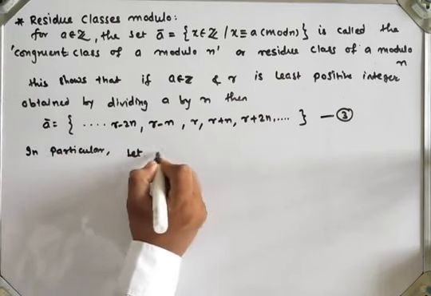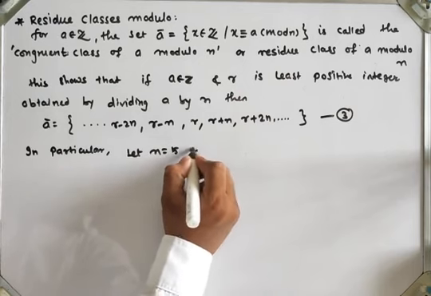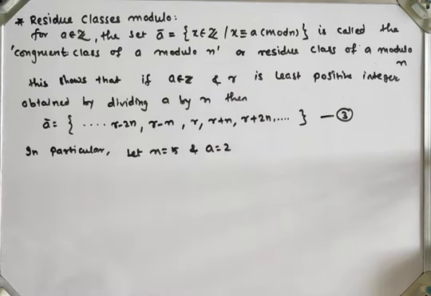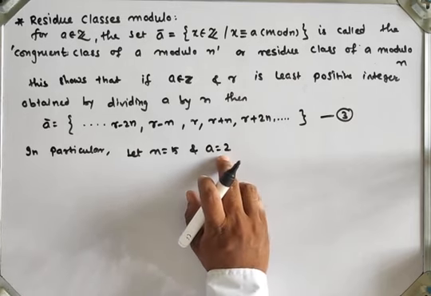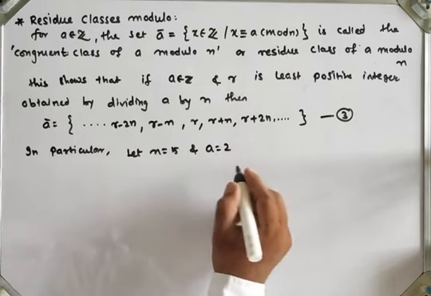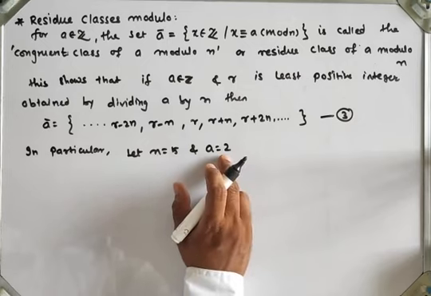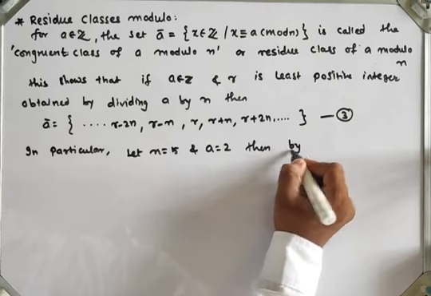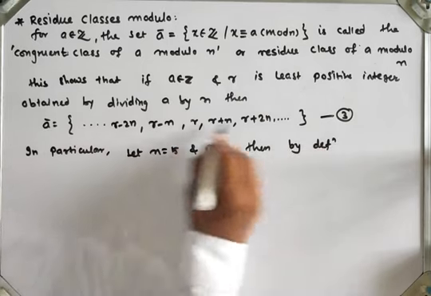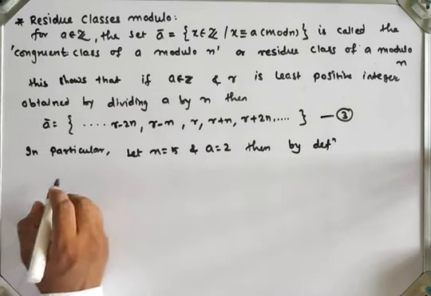So in particular, let n is equal to 5 and a is equal to 2, which means the equivalence residue class of 2 modulo 5. So to find out the residue class of 2 modulo 5, by definition, so this is definition number 3, equation number 3, which is the definition.